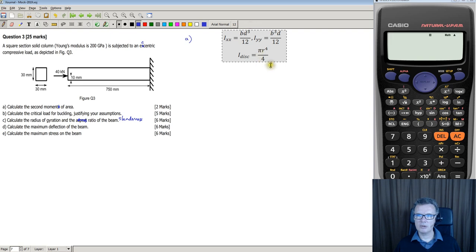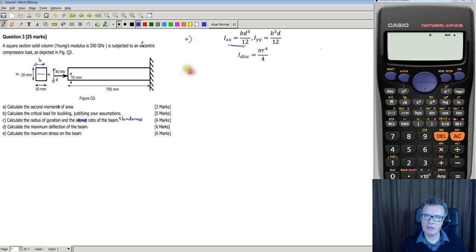The top ones are for rectangle type cross sections, and then we've got a circular one. So I'm going to take an x-axis through the neutral axis there, xx through that direction. So we're going to use this one here.